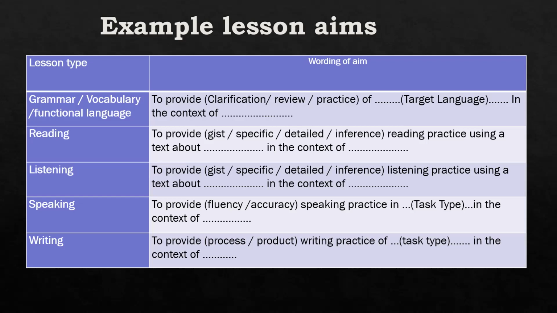But if you use something like understand or be familiar with, this is not actually something that we can measure, and it wouldn't be clear on the CELTA lesson plan or in any lesson plan. So basically, this is a quick introduction to writing main aims and sub aims, and we'll be looking at a complete lesson plan later on at the end of the video.